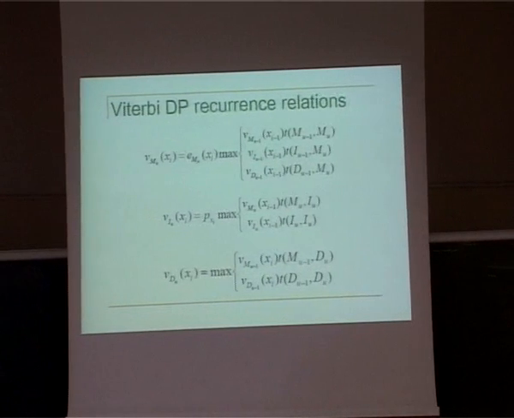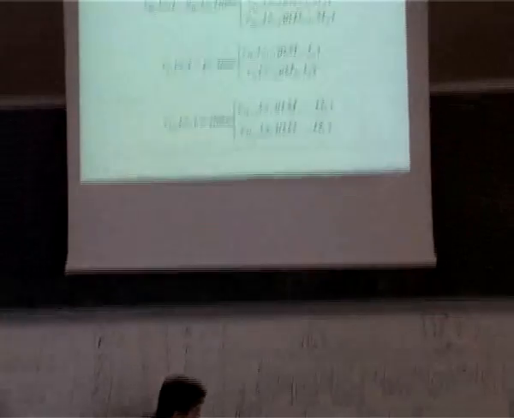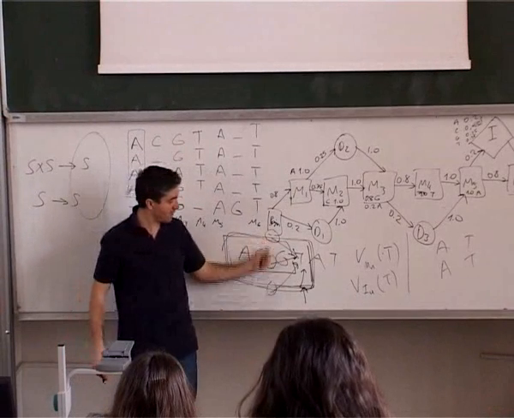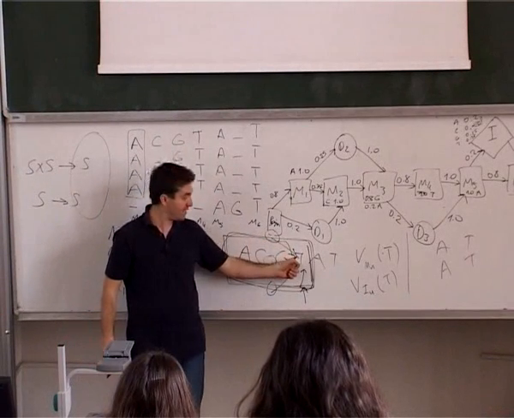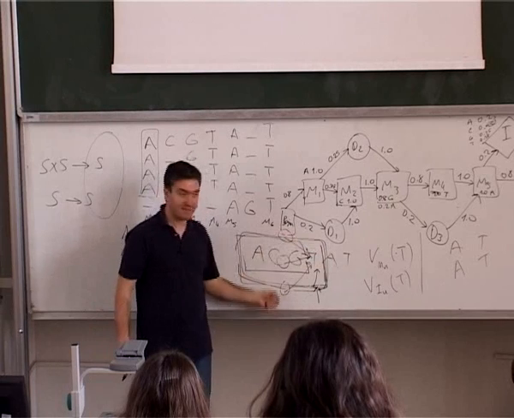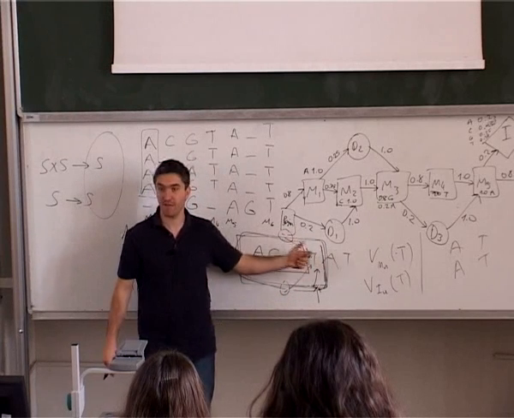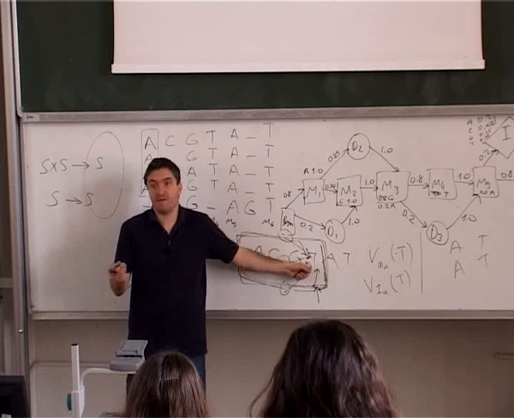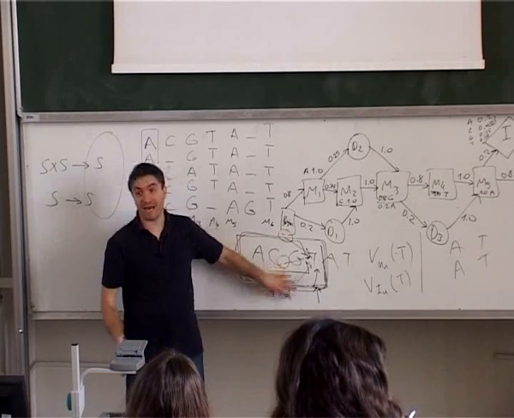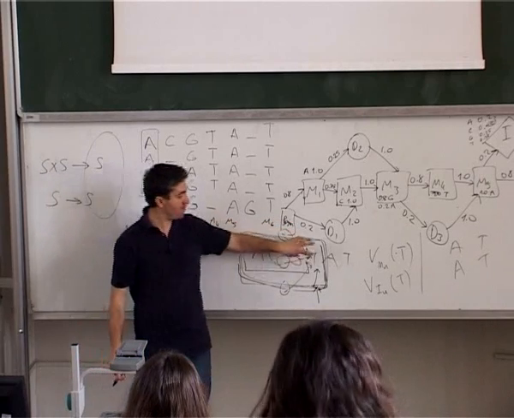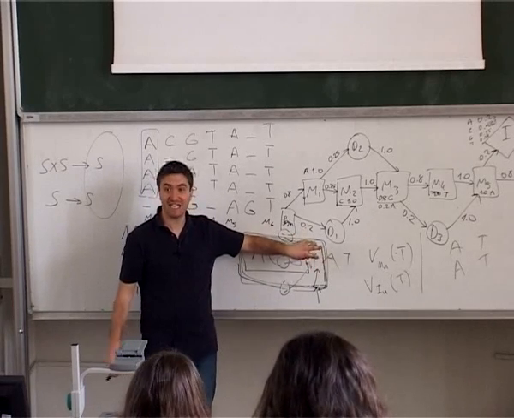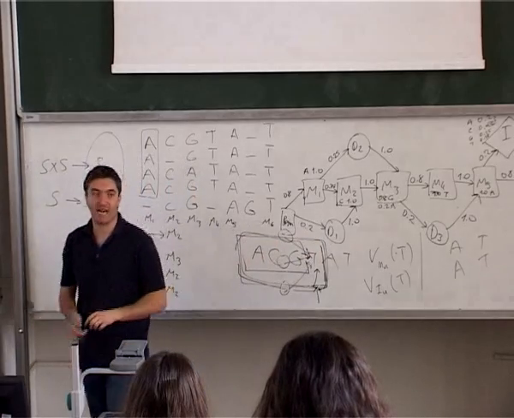To this M_u state, there may be multiple paths that could have led you to the same state, and we need to consider all of them. This one chooses the best of those as the best path that ends at M_u. I consider all the paths before M_u, and I choose the best of these three paths that will lead me to a path that ends at state M_u, which has emitted the ith amino acid.